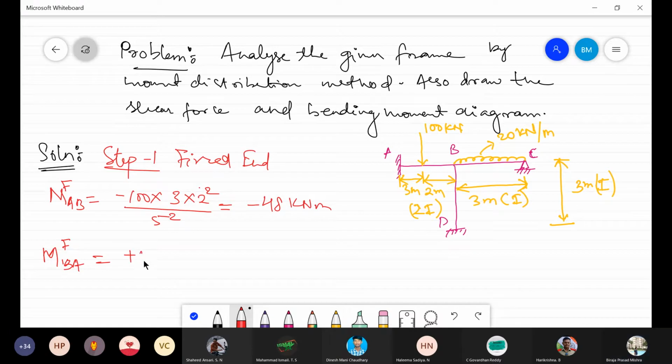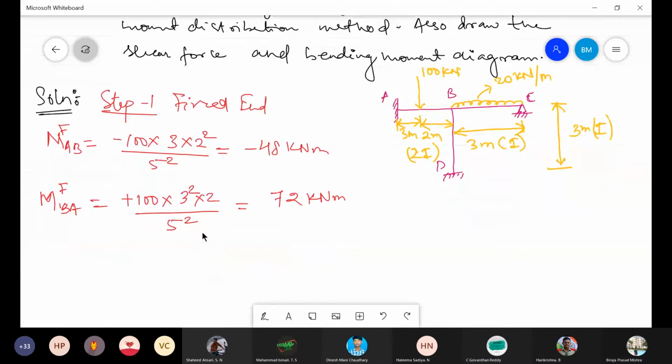Again 100 into 3 square into 2 divided by 5 square. How much it is coming? MFBA, 72 kilonewton meter.